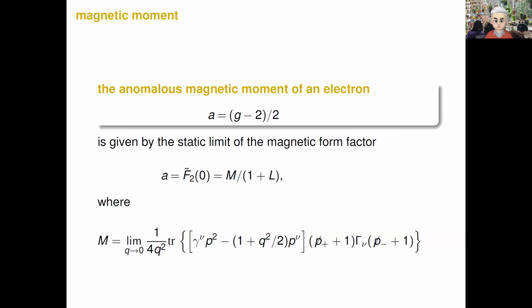So, magnetic moment is measured in units of the Bohr value of the moment, and this little thing is called the anomaly. And what one computes in quantum electrodynamics is the anomaly, which is the magnetic form factor of the electron correctly normalized. It's a wave function normalization.